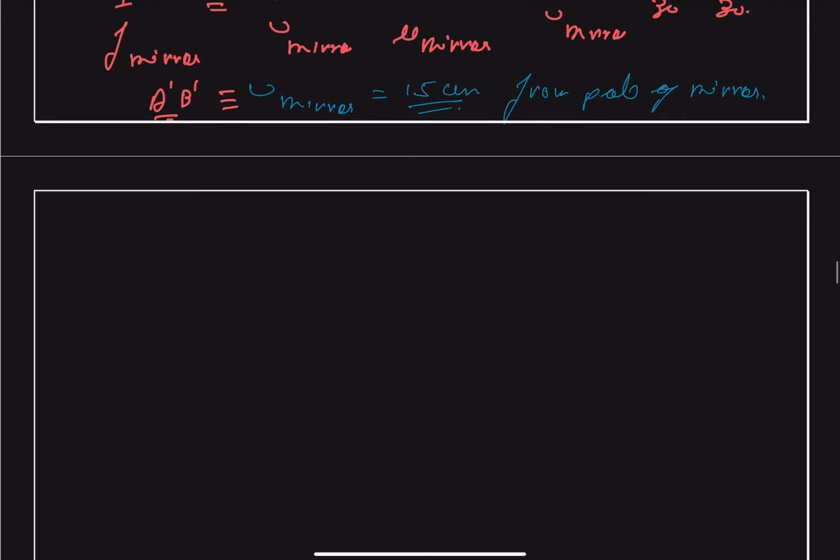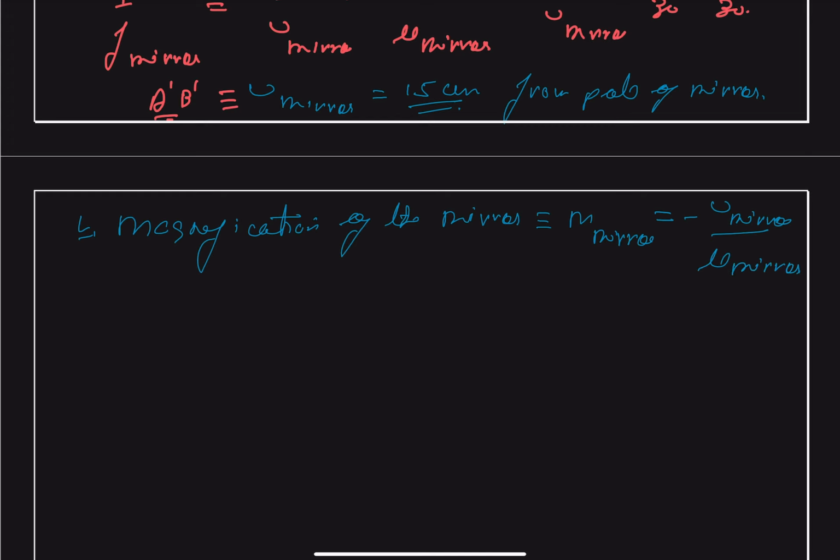The magnification of the mirror, that is our M mirror, will be equal to minus v mirror divided by u mirror.